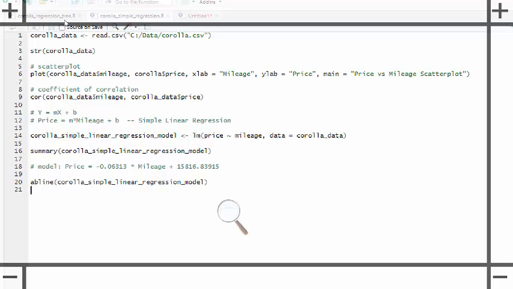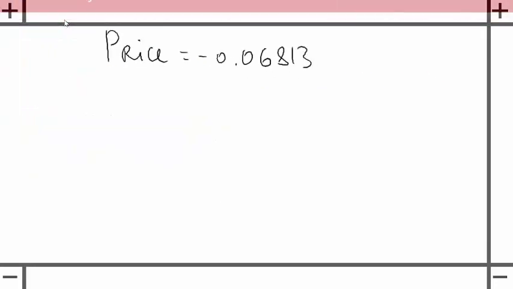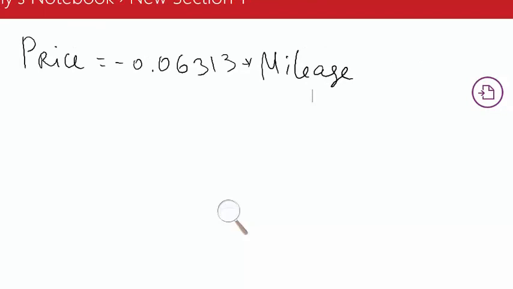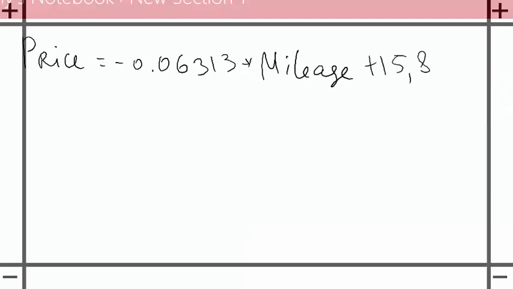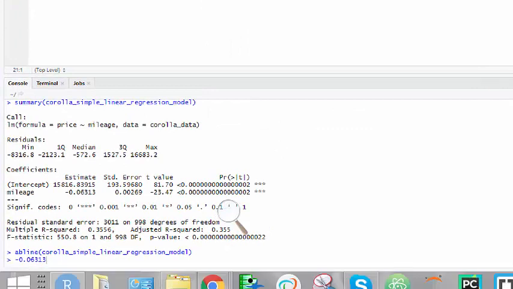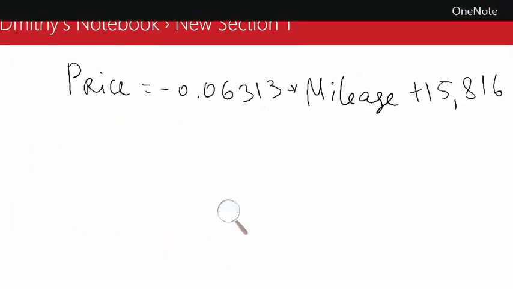Price equals minus 0.06313 times mileage, and plus 15,816, if I remember correctly. $15,816, right? Okay, so here's my model, right?